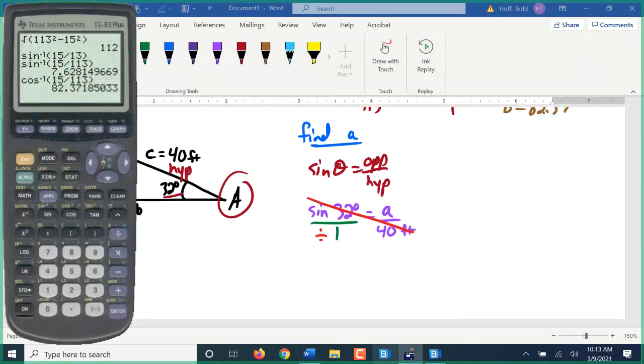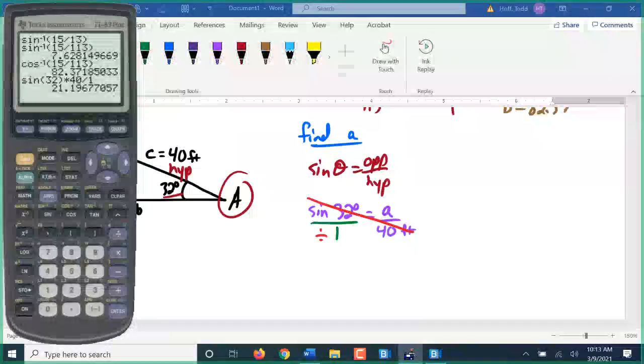Now when I punch this in, be very, very careful. Make sure you close the parentheses on the sine of 32 so that your calculator knows you're done calculating the sine and you're multiplying now by something else. You're going to times 40 and divide by 1. Of course, we know that dividing by 1 isn't necessary, but we're going to do it just for form. This comes out to be 21.20 for A.